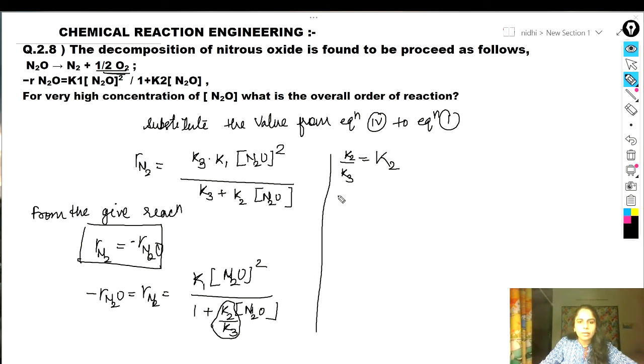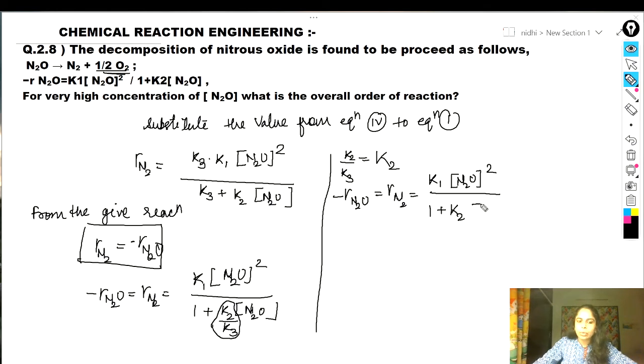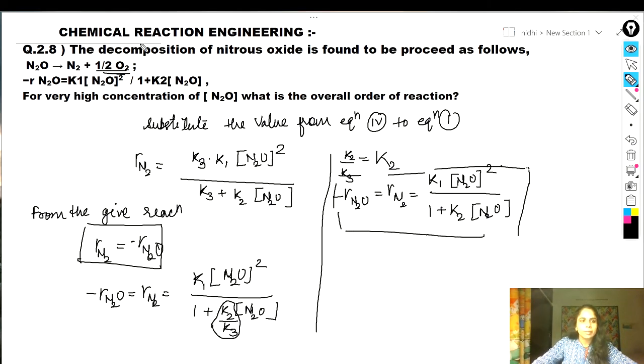So therefore Rn2O is equal to Rn2, which is equal to K1 N2O square upon 1 plus K2 N2O, and this is the suggested mechanism with the observed rate, right? This is the suggested mechanism.